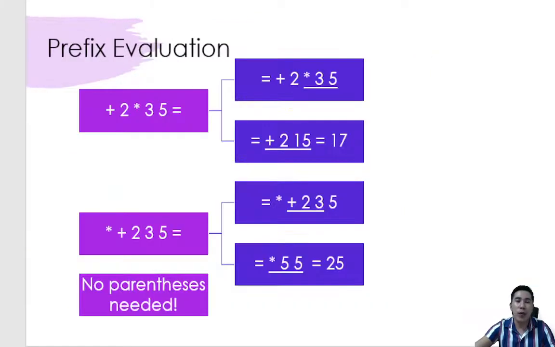Okay, so now let's proceed with prefix evaluation. In the prefix evaluation, you have here an example: plus 2 times 3 5.